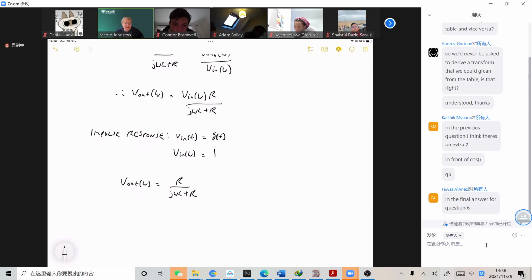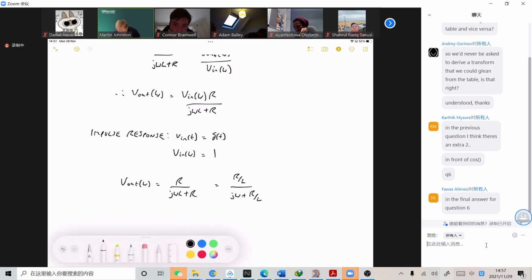So this is just like the Laplace transform question. You've got to make the function look like something in the table. In our case, what we can do is, first of all, divide top and bottom by L. And if we do that, then it looks like a function that's in the Fourier transform table.